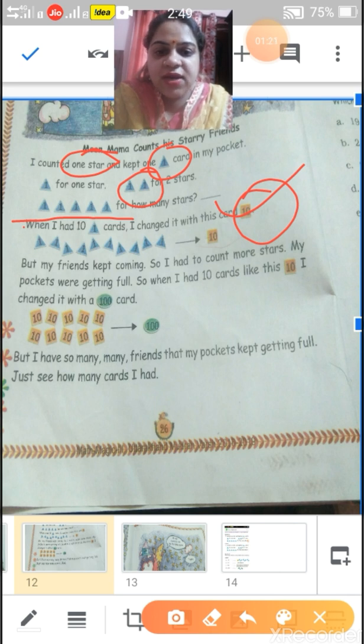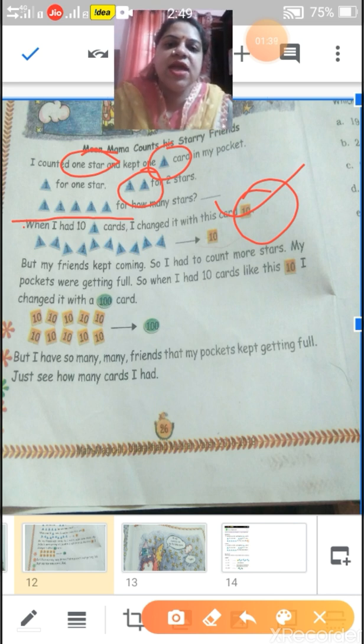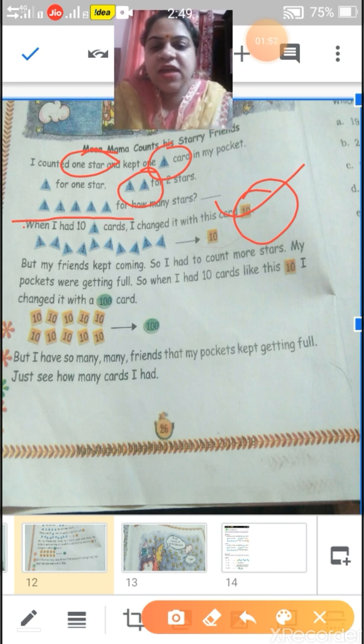But my friends kept coming, so I had to count more stars. Chanda Mama was saying my friends kept coming, so I had to count more stars. My packets were getting full. So when I had 10 cards like this, I changed with a 100. When his 10 packets fill like this, he will change with a packet of 100.